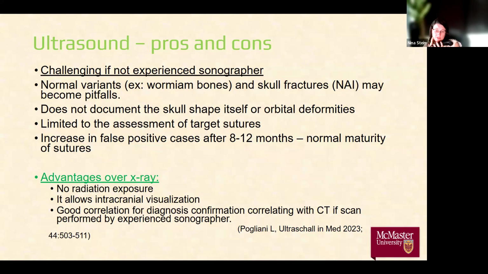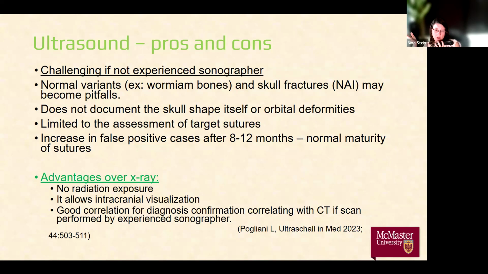One of the disadvantages is that just looking at those ultrasound images, you're not going to be able to understand how the skull shape looks and if there's any orbital deformity. So it's very dedicated, right? The ultrasound protocol usually involves 5 sutures: the 2 coronals, 2 lambdoids, and the sagittal suture.